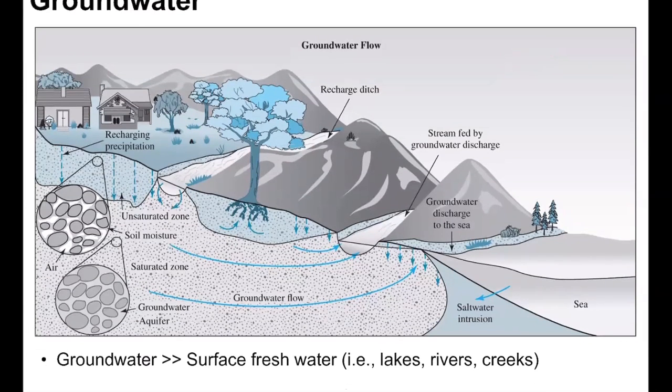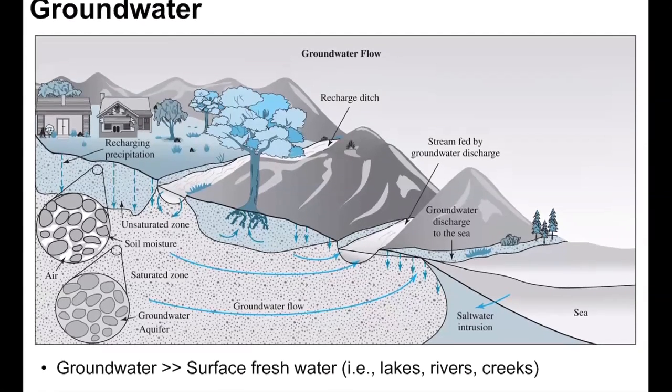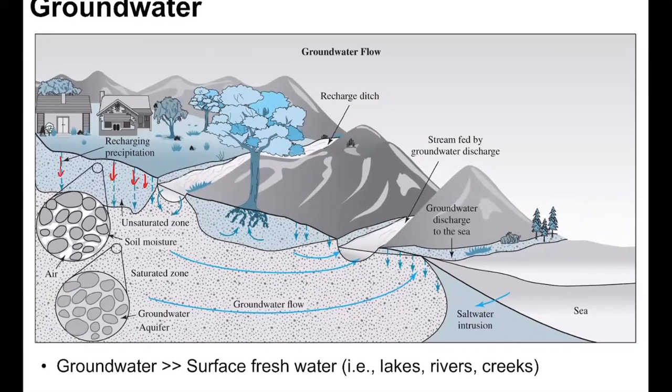So what happens is, similarly, we have the water that can go through the infiltration, right? It can go down to form the groundwater, right? So you have the unsaturated zone, or the unsaturated soil at the top of the ground, and then you have this saturated zone of the groundwater.